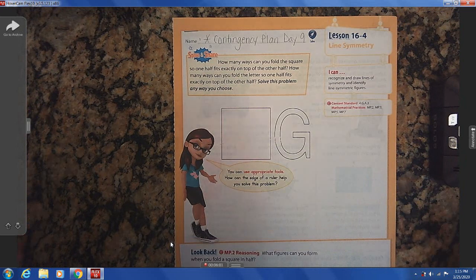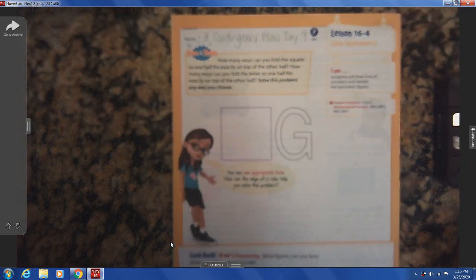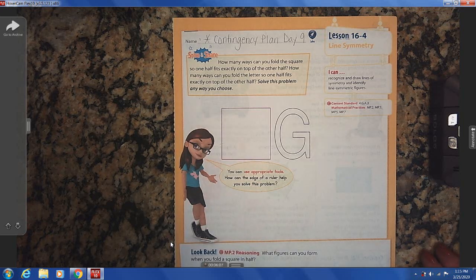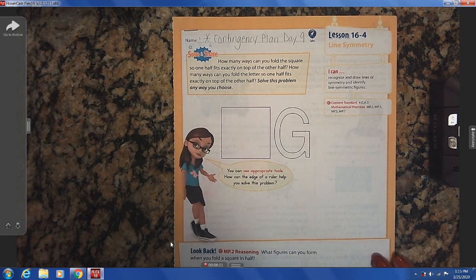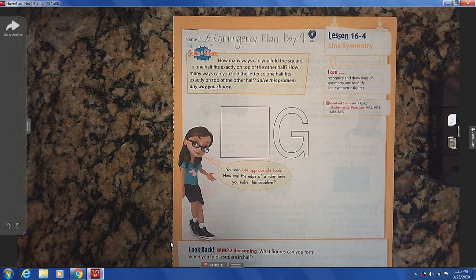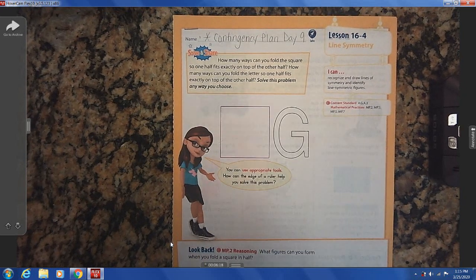So what they're asking here is for you to draw lines of symmetry. It's for you to say, how many lines of symmetry can I draw when I'm looking at this shape? So go ahead and try it, and when you're finished, you can unpause the video to watch how I go over it.